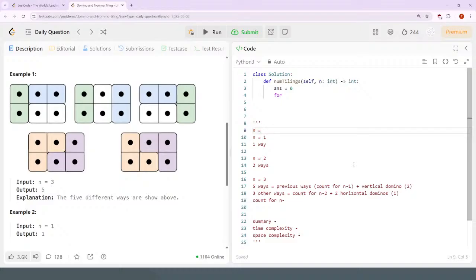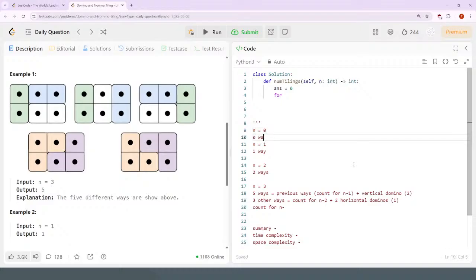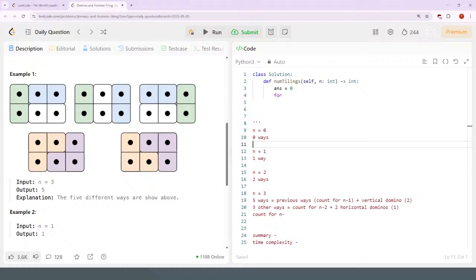Actually, if n is 0, there's 0 ways. Okay. And the count for n minus 3 times 2, no, plus 2. So there's 1 way to do 0 actually.